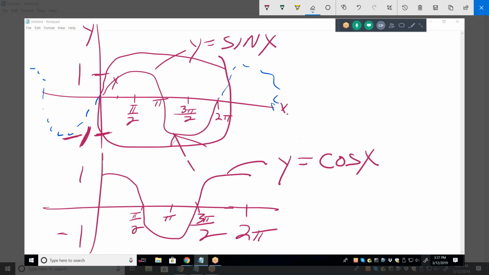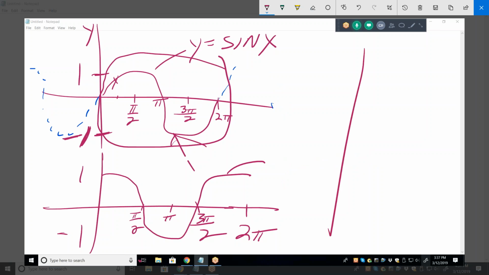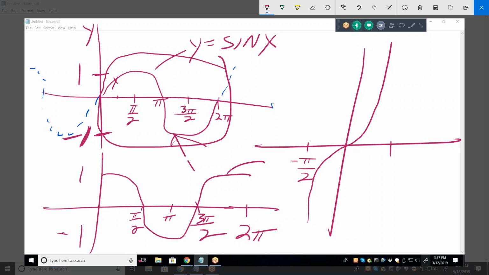Now tangent, it's significantly different. Tangent actually has a range from negative infinity to positive infinity, and it goes from minus pi over 2 to pi over 2, and it has asymptotes. In other words, there's no such thing as the tangent of pi over 2. It's infinity.